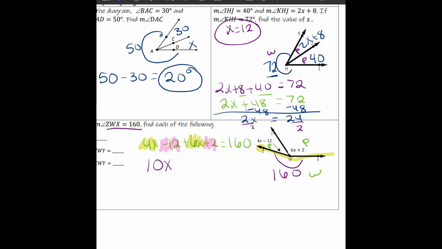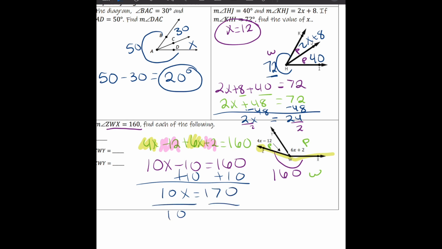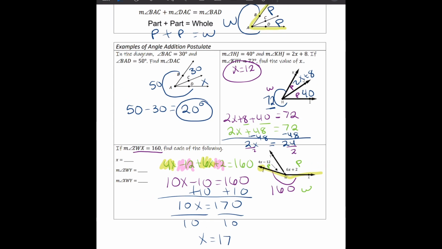Negative 12 plus 2 is negative 10, equals 160. Add 10 to both sides. So 10x equals 170. Then we divide by 10. So x equals 17.